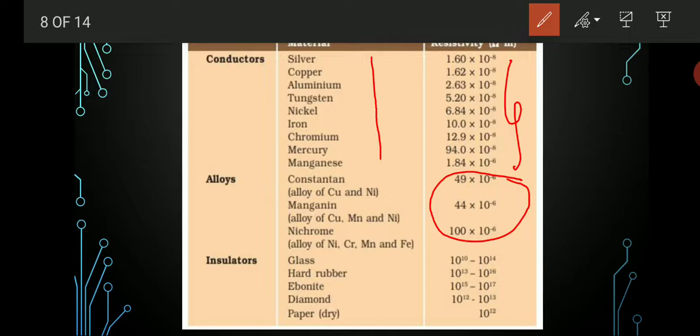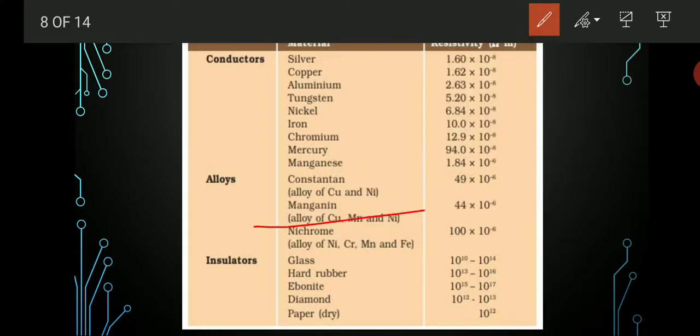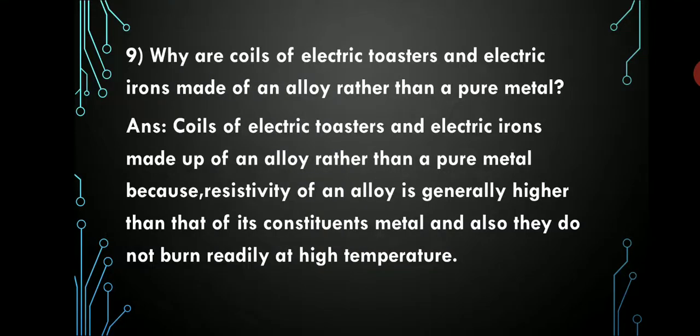If the material has lower resistivity, it is a good conductor. That's why in electric heaters and iron boxes, alloys are used rather than metals. And also these alloys do not burn easily even at a high temperature, unlike copper wire, silver wire.